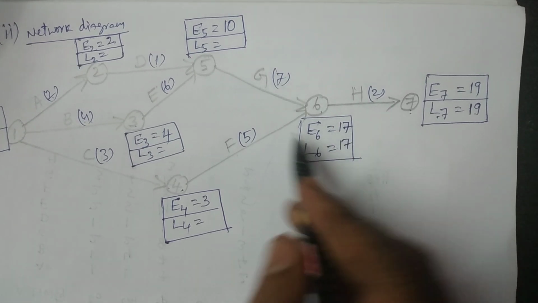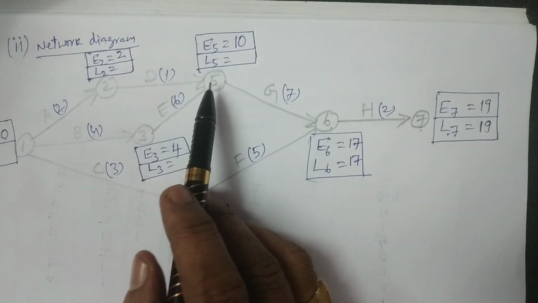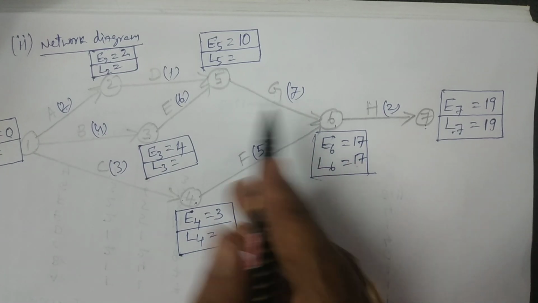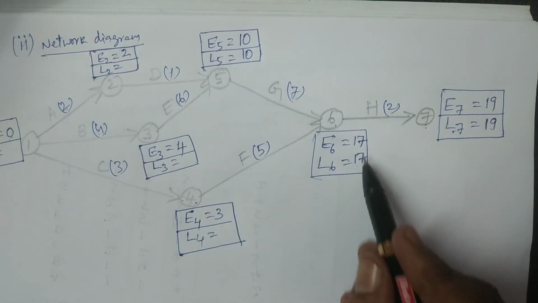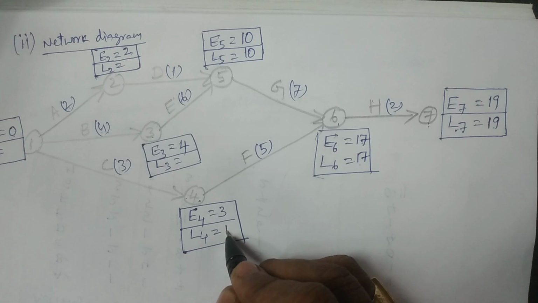And then coming back to the fifth event, L is 17 minus 7, it is 10. And coming to the fourth one, only one connection, 17 minus 5, it is 12.